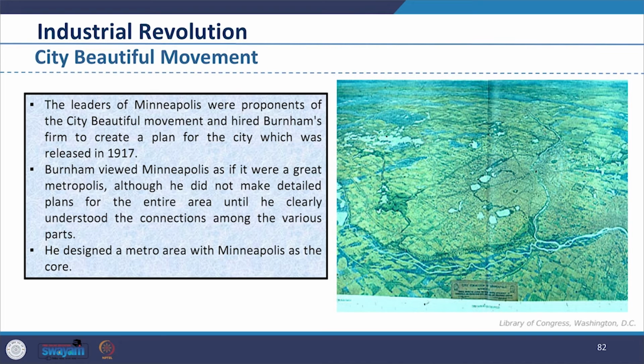The visitors were mesmerized. We further see that the leaders of Minneapolis were proponents of the City Beautiful movement and hired Burnham's firm to create a plan for the city, which was realized in 1970.